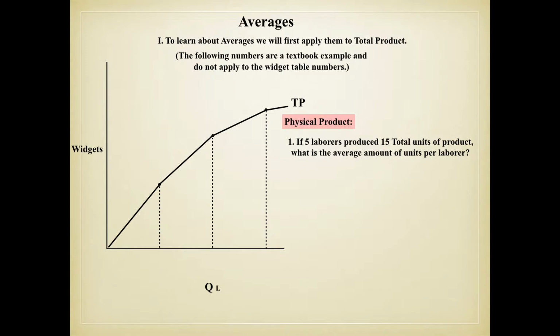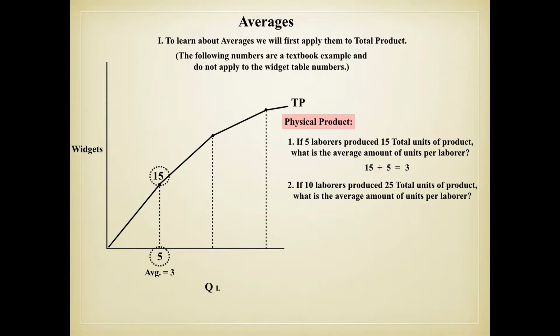Physical product, 1. If 5 laborers produce 15 total units of product, what is the average amount of units per laborer? 15 divided by 5 equals 3. If 10 laborers produce 25 total units of product, what is the average amount of units per laborer? 25 divided by 10 equals 2.5.